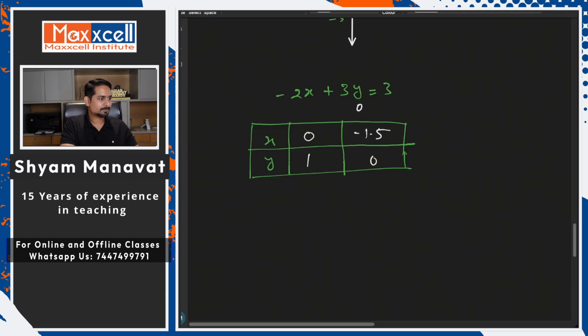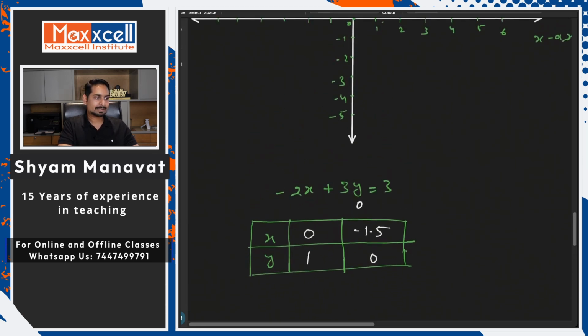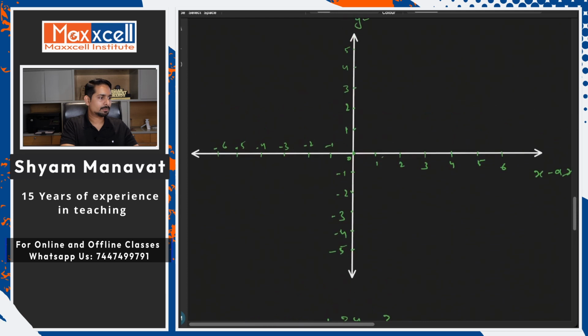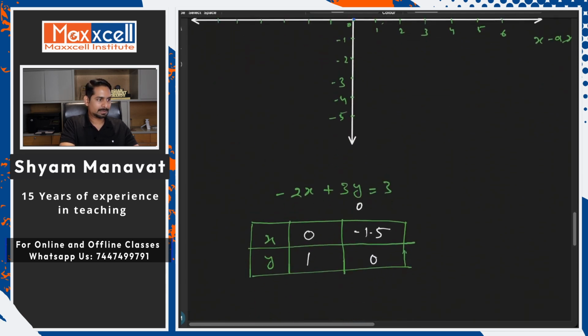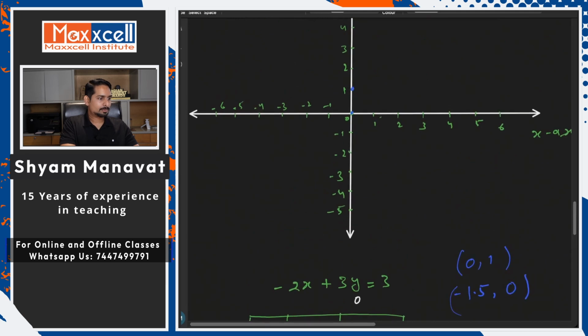Okay. Fine. Now let's draw this on the axis. 0, 1. So 0 here and 1 on the y-axis. The coordinates which we have are 0, 1 and minus 1.5, 0. So this is your 0, 1.